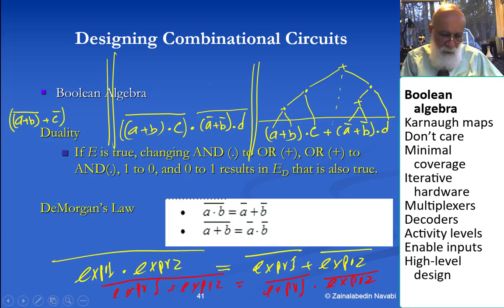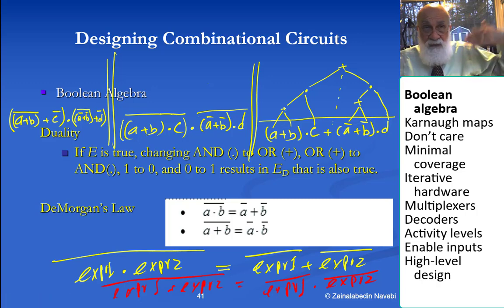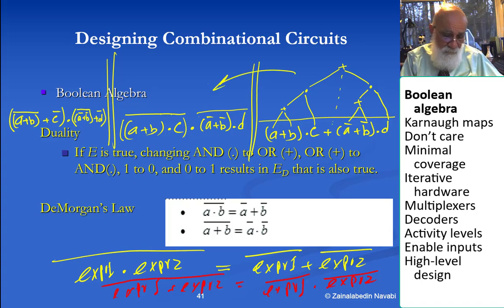So this bar broke, and we changed the operator where it broke, ANDed with this bar breaks, ORed with D bar, and then the AND changes to OR, A bar OR with B bar. So that's how you can keep applying De Morgan's law.